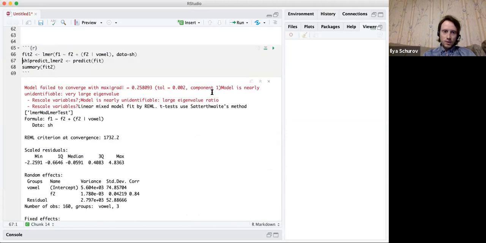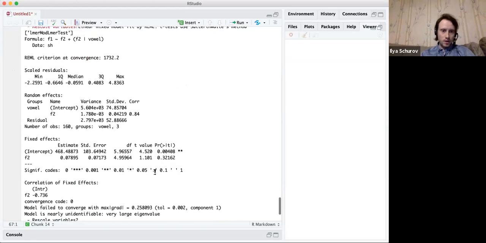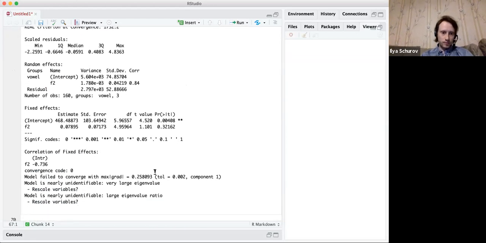It says something that it doesn't work. I don't know why, but these things sometimes happen. Anyway, let us try to look at the result.